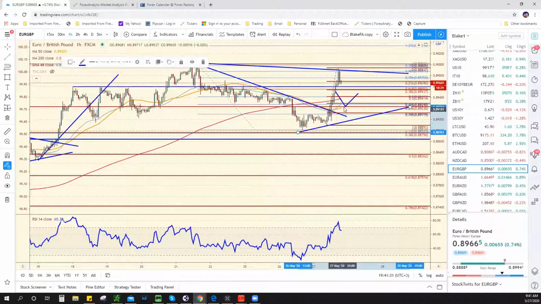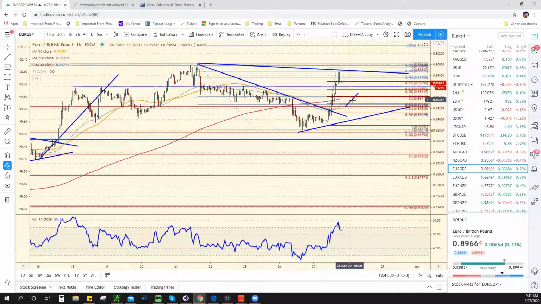So I'm trying to buy a dip now in the euro pound, euro sterling. But I might actually, right now, I think my order is at 50. Let me look at it. It's at 51. So I'm actually probably going to drop it back down, probably a little bit lower, maybe down towards 89.30 or something like that a little bit later today. But that's what I'm looking to do with that.